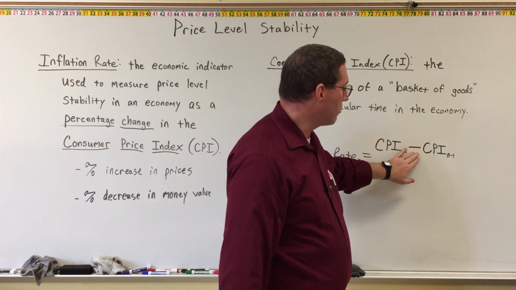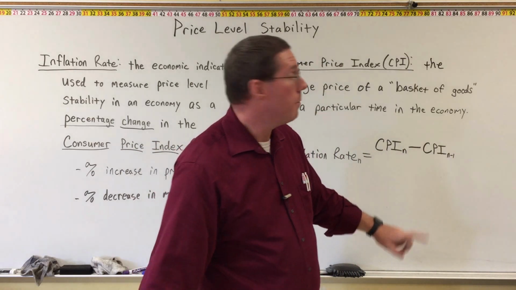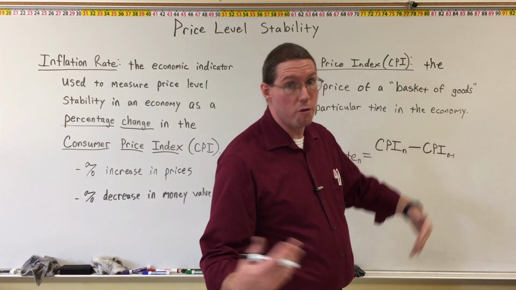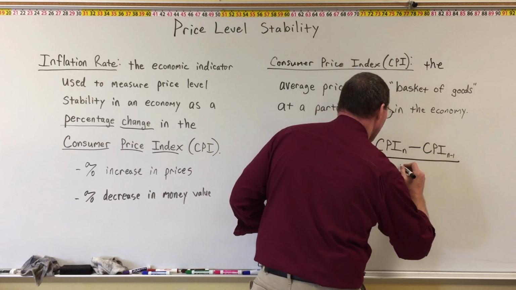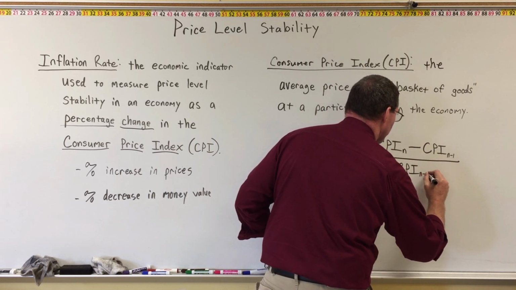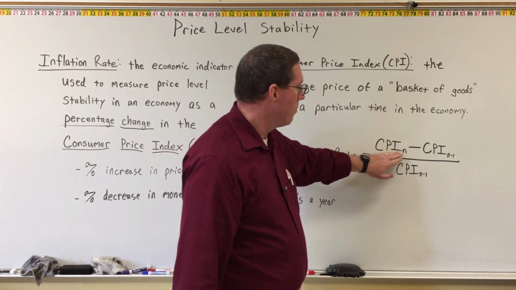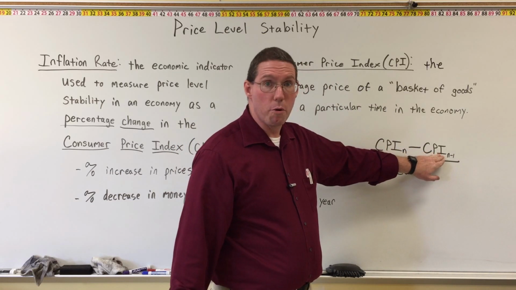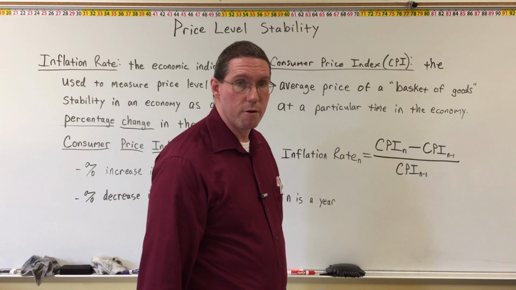Then we're going to subtract away the CPI from 2006, because 2007 minus 1 is 2006. And then we're going to divide by the CPI from 2006, which would be n minus 1. So it's the most recent CPI minus the year before CPI divided by the previous year CPI.